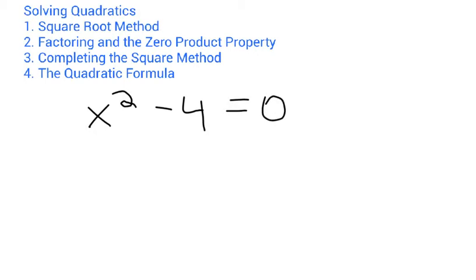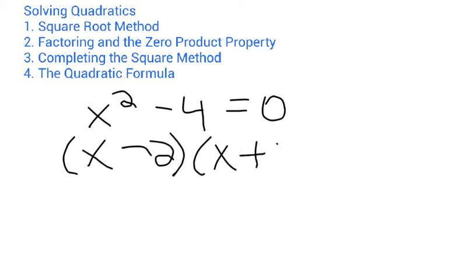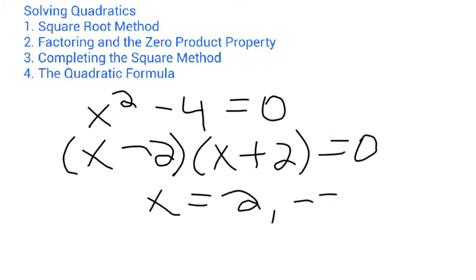You should recognize that as a difference of two squares. (x minus 2)(x plus 2), and x still comes out to be 2 or negative 2. Sometimes I like this method over the square root method because with the square root method, some people forget the negative solution and they just write x as 2, but here it's clear that x also equals negative 2.